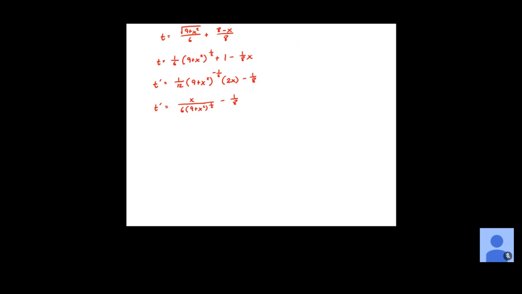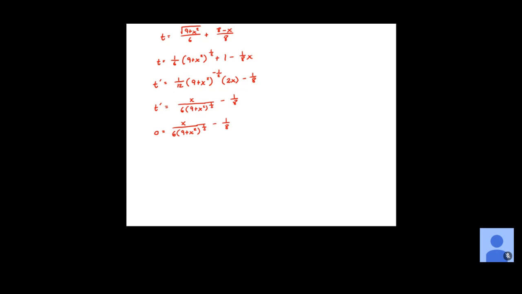All right, now that we have the derivative, what do we need to do next? Set it equal to 0. Good. So we're going to say 0 equals, just keep this as is, x over 6 times 9 plus x squared to the 1/2 minus 1/8.